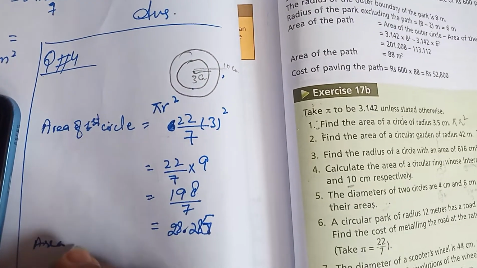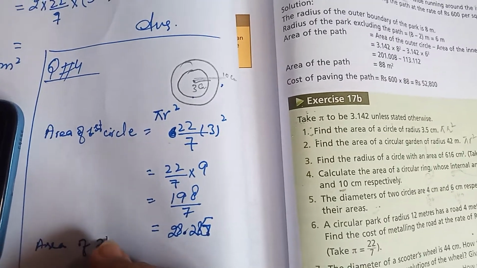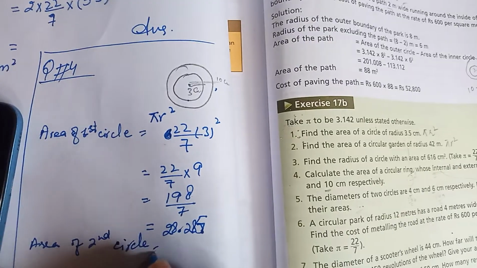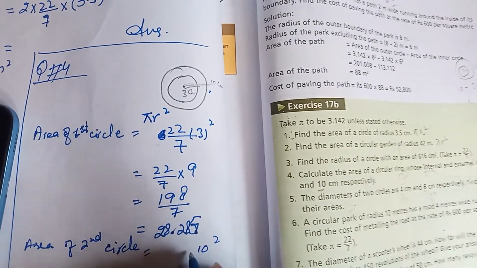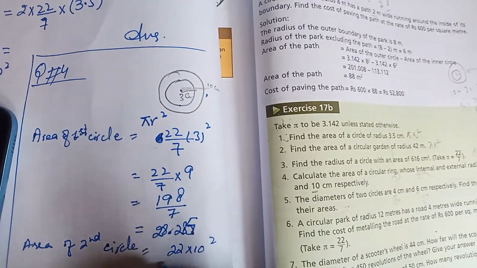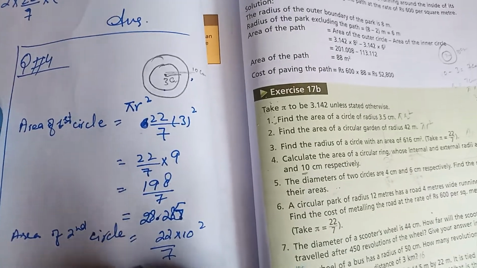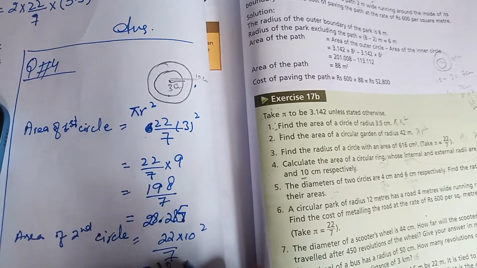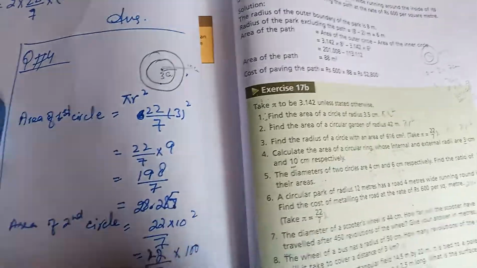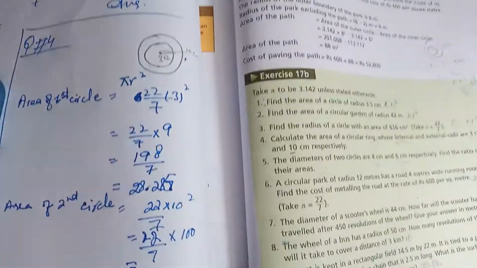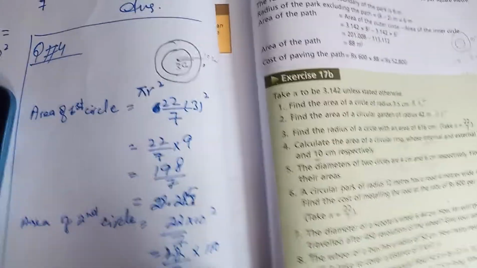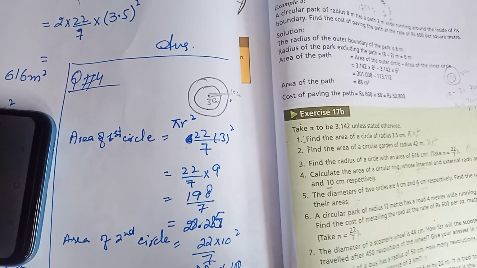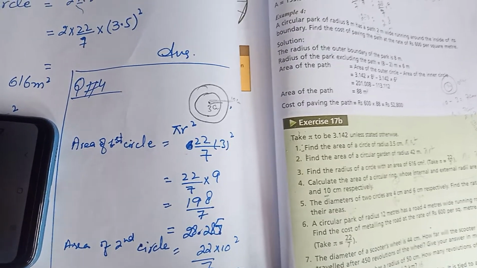Area of the second circle, having the radius 10 cm, that means 10 square. 22 by 7 multiplied by 100. So the calculation of this gives us the answer, that is 314.286.